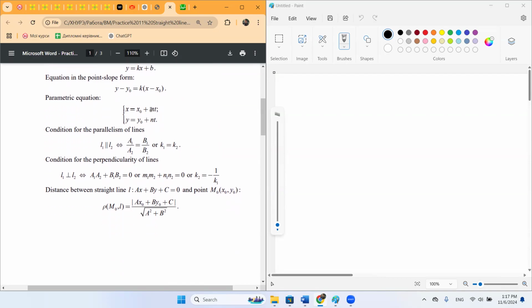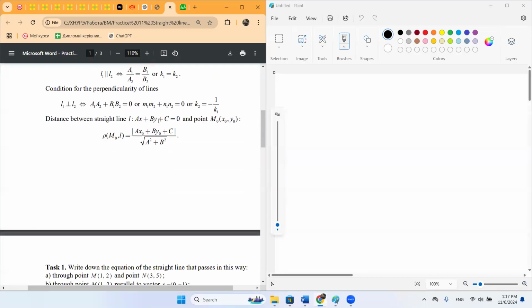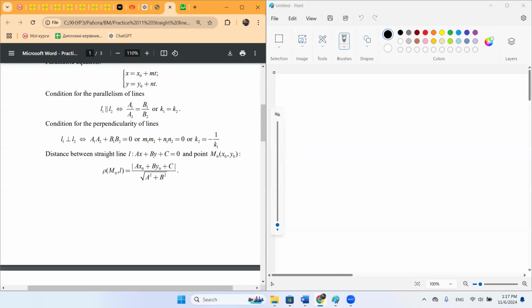The parametric equation is useful in some tasks. And the condition of parallelism of lines: if we have such a proportion of a and b coefficients, or if slopes are equal, dependent on the form of the equations.